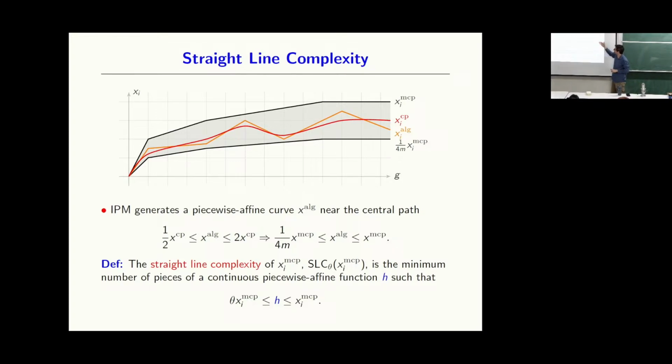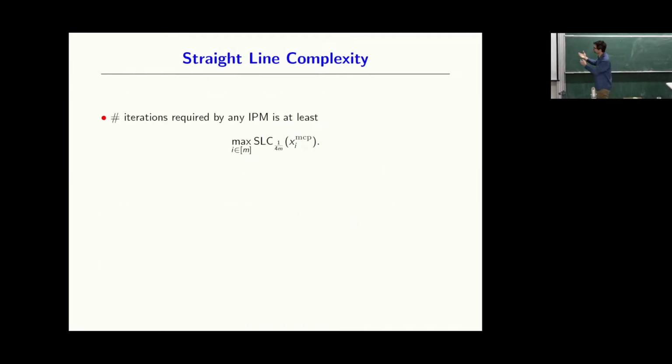By the picture, this complexity notion, if I make my approximation factor small enough, will actually be a lower bound on the number of iterations of any algorithm, because the algorithms actually produce these curves. So all natural algorithms that follow central paths in fact produce nice piecewise linear approximations of the max central path, and hence their number of iterations is going to be lower bounded by how many pieces any such approximation must have.